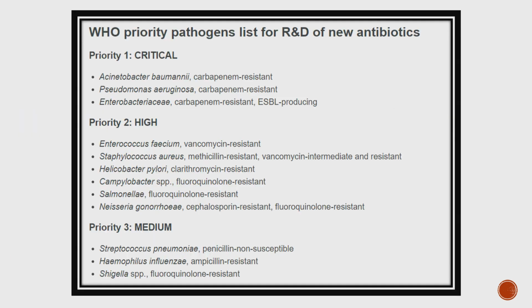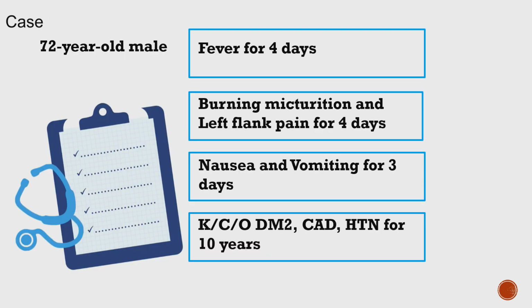And this is the WHO priority list of bacteria, where we can see Acinetobacter, Pseudomonas, Enterobacteriaceae, meaning E. coli and Klebsiella, and Staph aureus. These are the bacteria that actually create problems in the management of patients and in drug resistance.